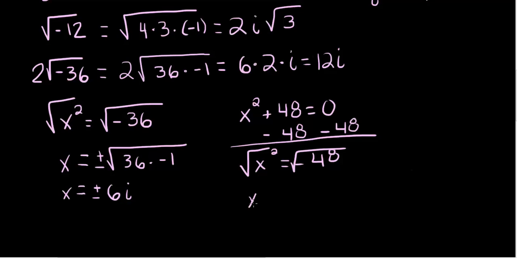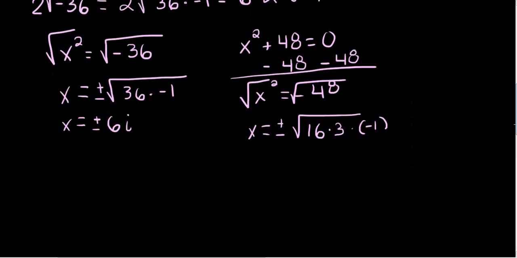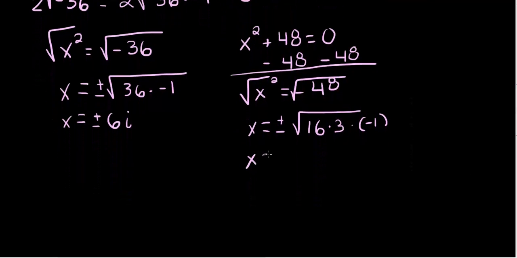So it will be x equals plus minus the square root of 48, which can be rewritten as 16 times 3 because 16 is a perfect square, times -1. So then the square root of 16 is 4. The square root of -1 is i, and then square root of 3, and that will be the answer.